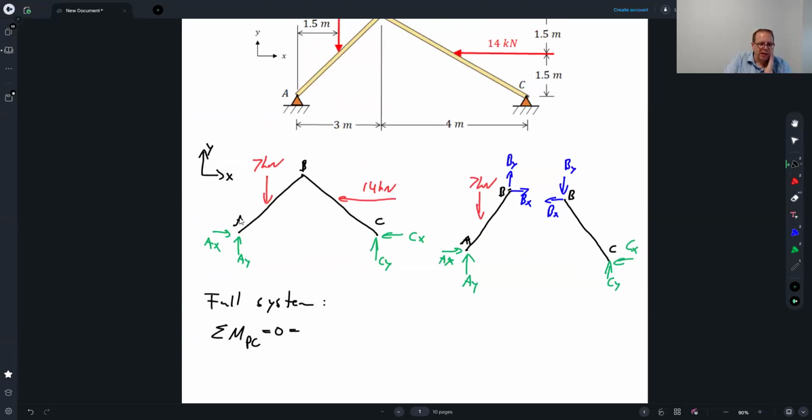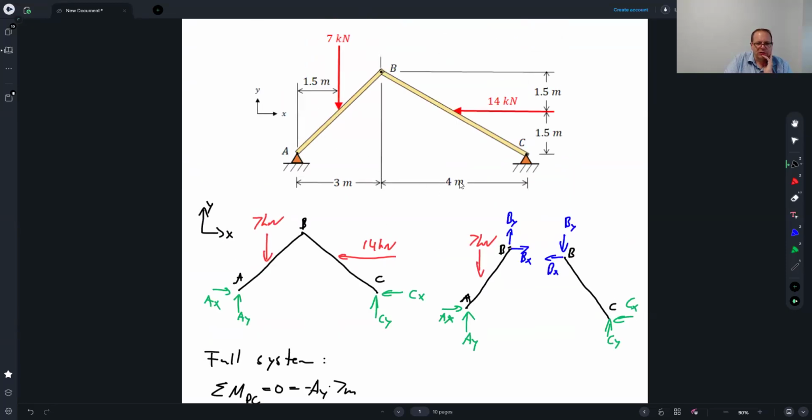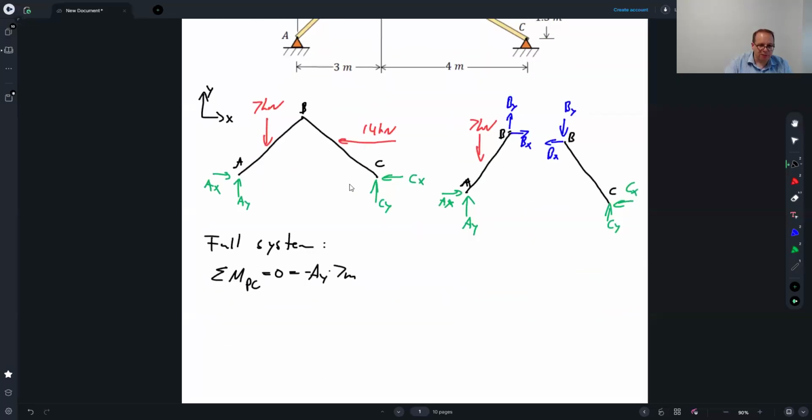So we get AY turning clockwise at 7 meters, so minus AY times 7 meters. I get this 7 kilonewton going positive, and it is halfway in there, so it's 4 plus 3.5, which is 5.5. So plus 7 kilonewton times 5.5 meters.